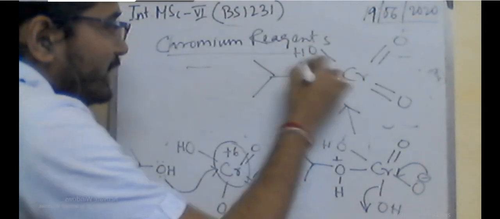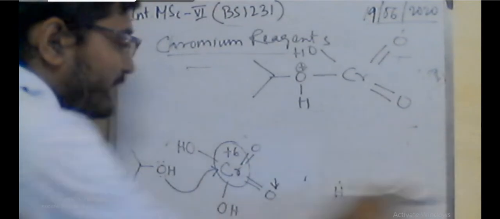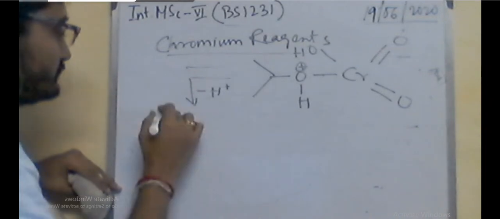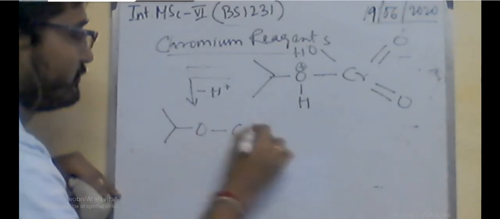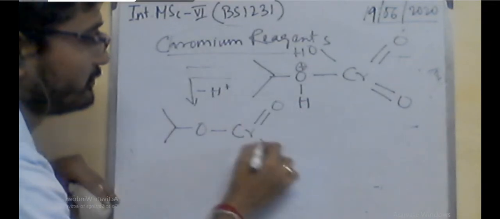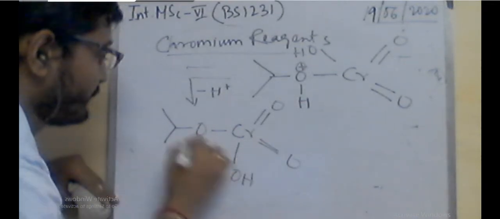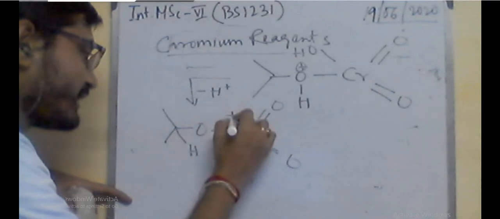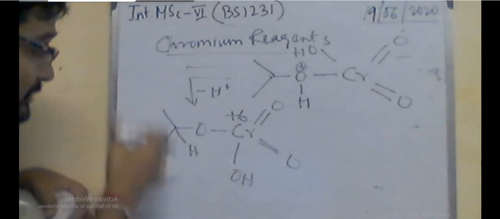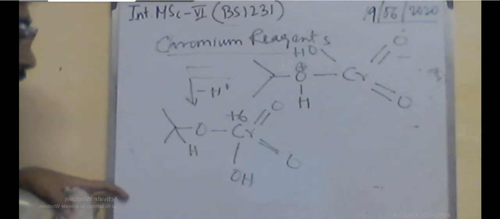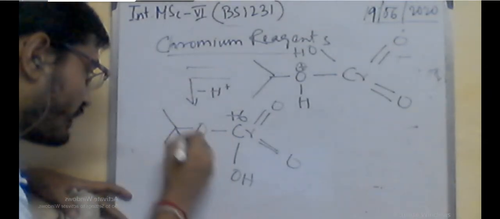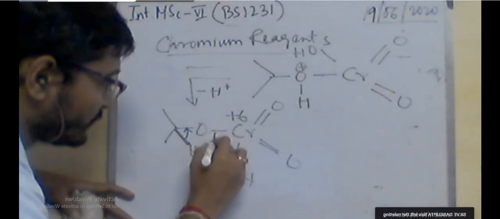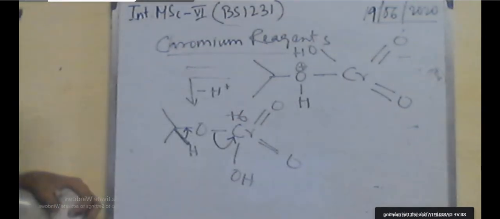Now the next step is the important step. Here the oxidation state of the chromium is still 6. This last step is the oxidation pathway. Here the carbon-hydrogen bond is broken, and simultaneously this bond's electrons are localized here, so that the chromium becomes reduced, and the pi cloud is localized over the electronegative oxygen, generating a carbonyl group and Cr double bond O, O minus, OH.